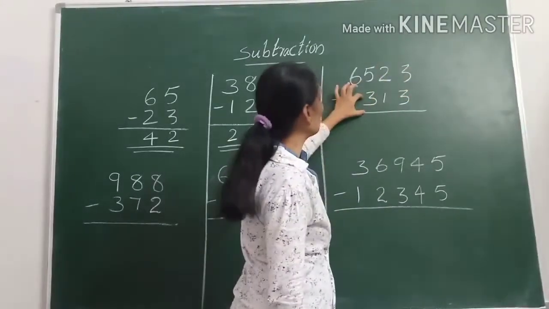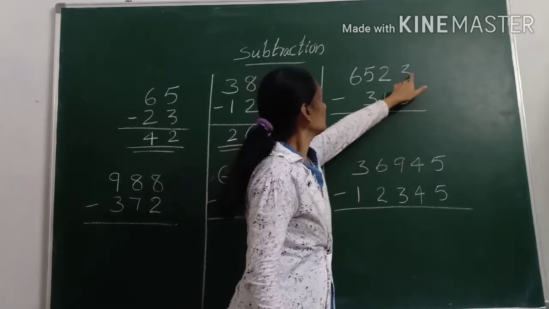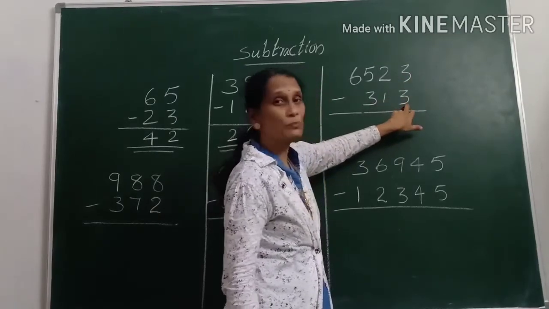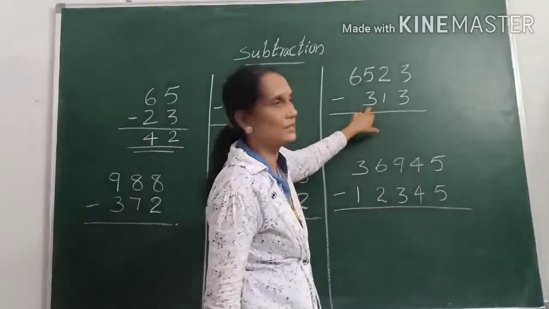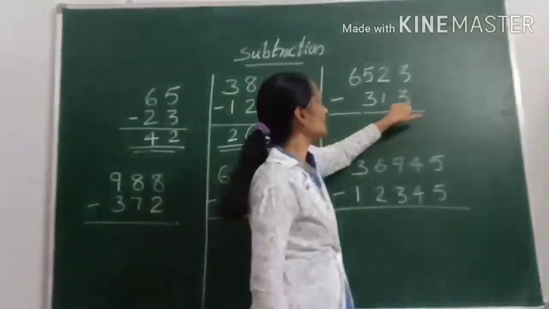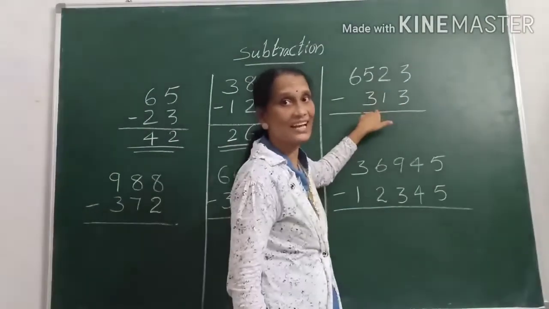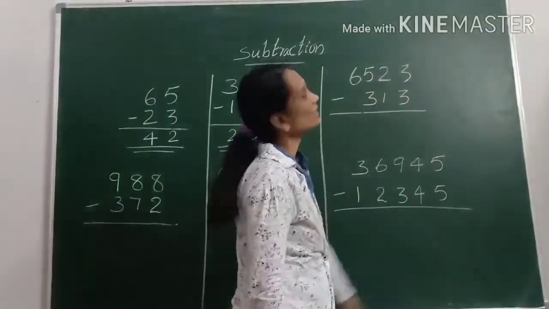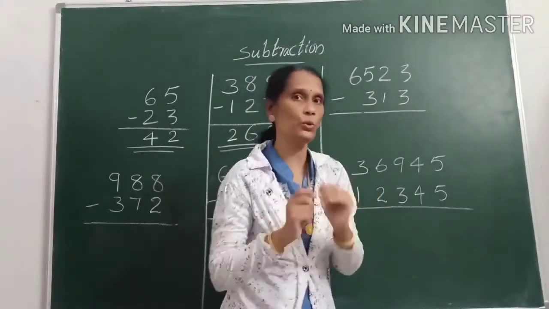And see here, 6523 minus 313. See how I have written. This one, 313: ones place is 3, tens place is 1 and hundreds place is 3. So we should write ones under ones only, tens under tens, hundreds under hundreds. Okay, now start to subtract. 3 plus how much is 3? 3 plus 0 is 3.